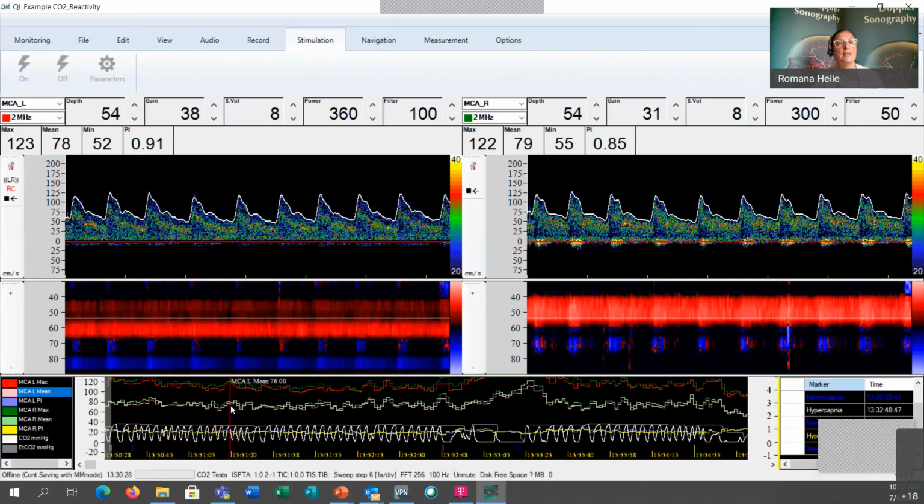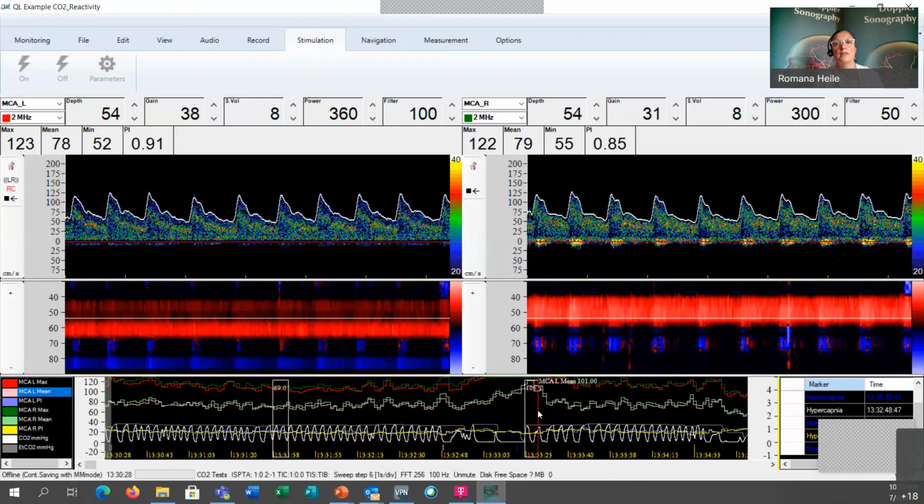Now I can look for what is a stable mean velocity. If I'm going through, I would suggest around here, maybe that looks stable. That is the first test period. Then I'm going with my cursor to look for the steady state of increased CO2, meaning hypercapnia.